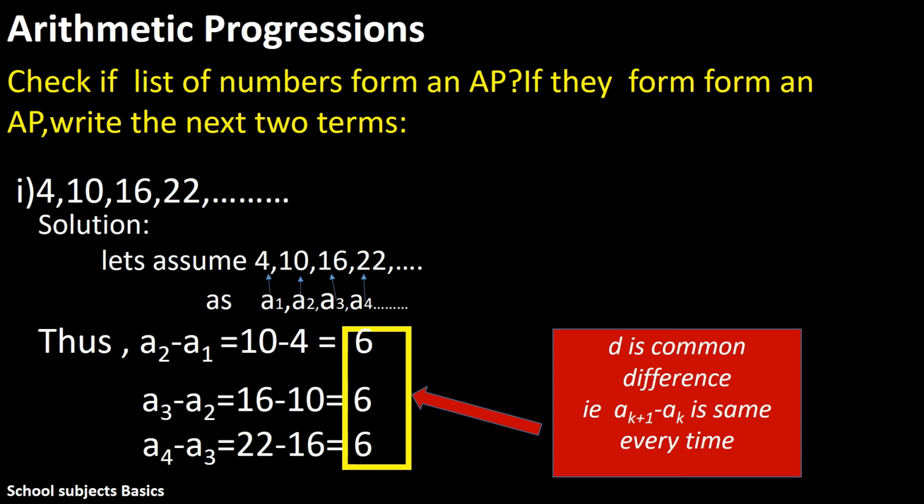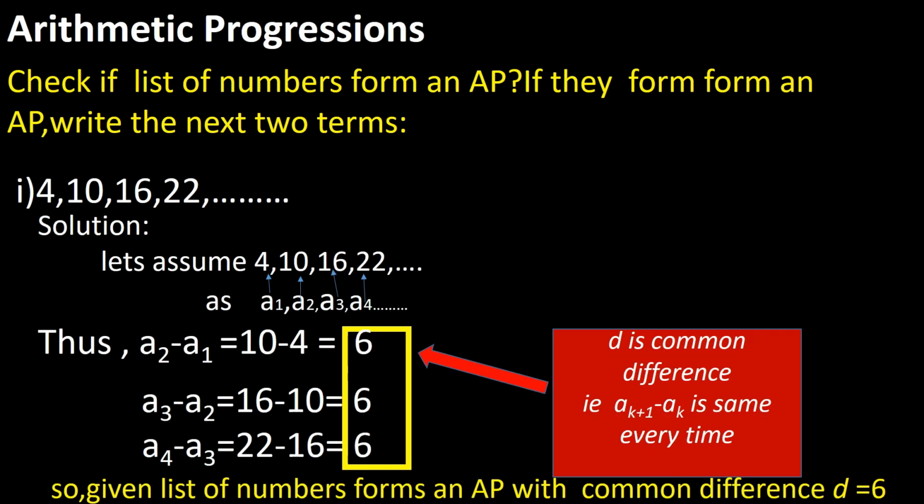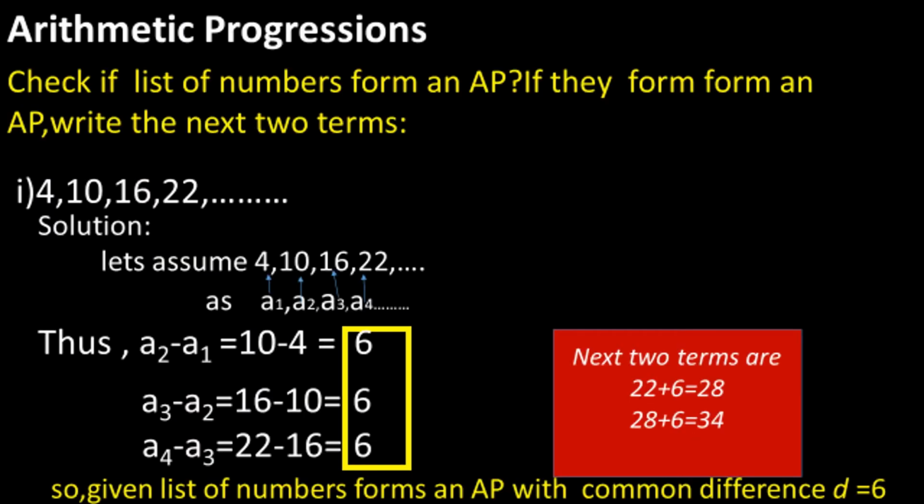What is arithmetic progression? Each term is obtained by adding a fixed number to the preceding term. Here the fixed number is the same, that is 6. So the given list of numbers forms an AP with common difference d. Next, we have to write the next two terms, since the list forms an AP.